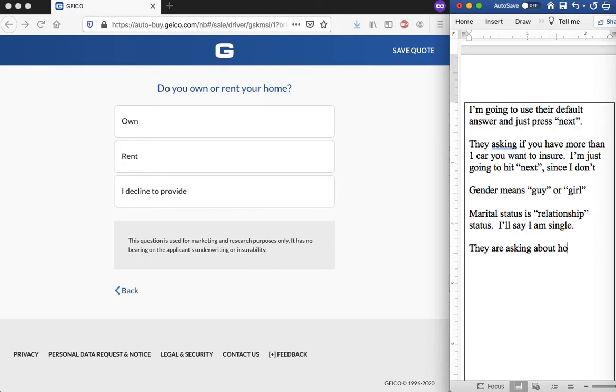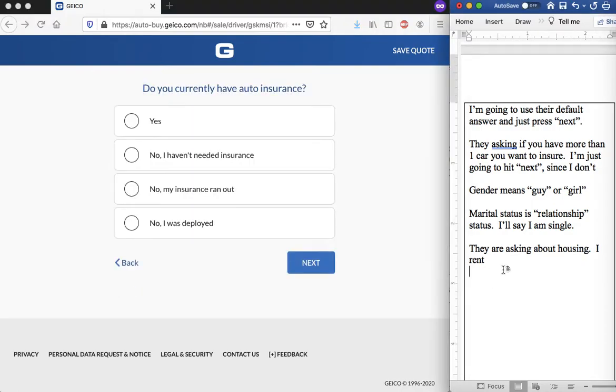They are asking about housing. I rent. Do you already have insurance? I'll say no. I haven't needed insurance, which is basically no, this is my first car, so why would I have had insurance beforehand?